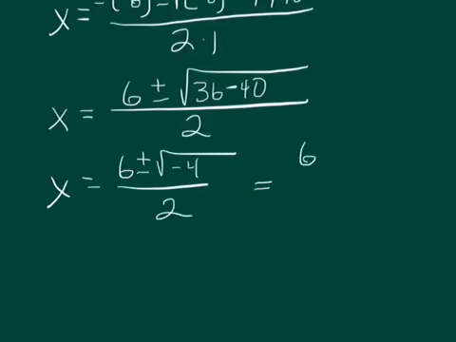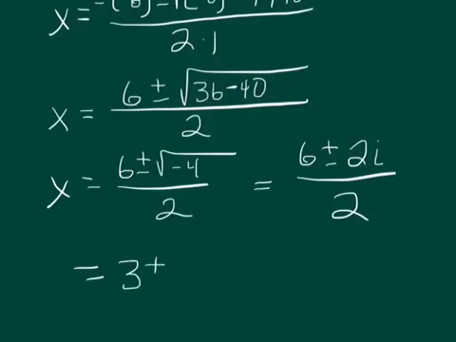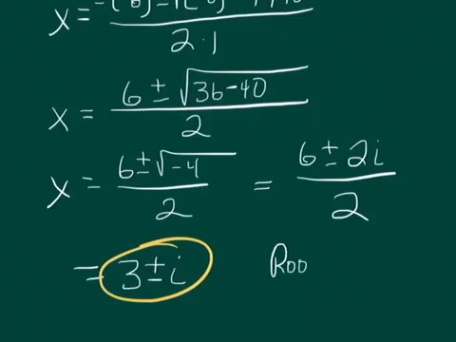This is starting to look like 6 plus or minus 2i all over 2, which is 3 plus or minus i. So there are the last two roots. And that means that my roots are 2, 3 plus i, 3 minus i.